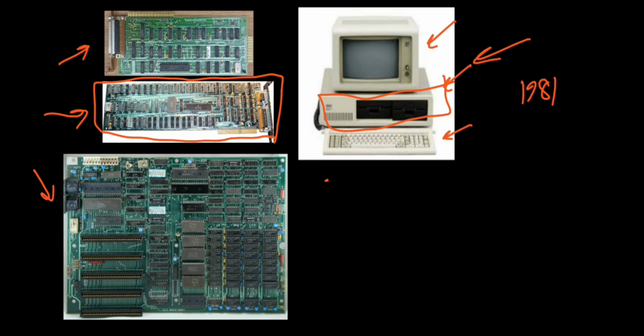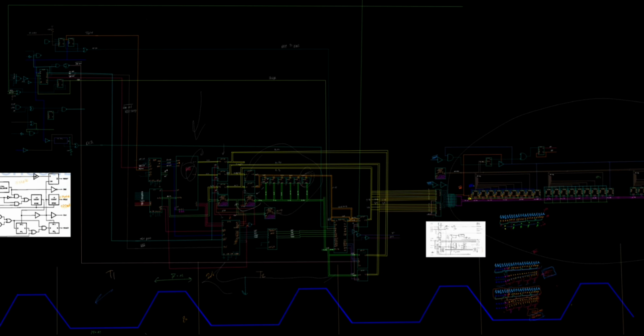Now, about the system board or the motherboard, I've already created a course called the Architecture of the IBM PC, which is this computer, or the architecture of the first computer, IBM PC 5150, and I have completely explained everything about the motherboard. I have drawn everything, all the wires, bit by bit, wire by wire. These are the RAMs, these are some of the ROM, then this would be the processor and everything else.